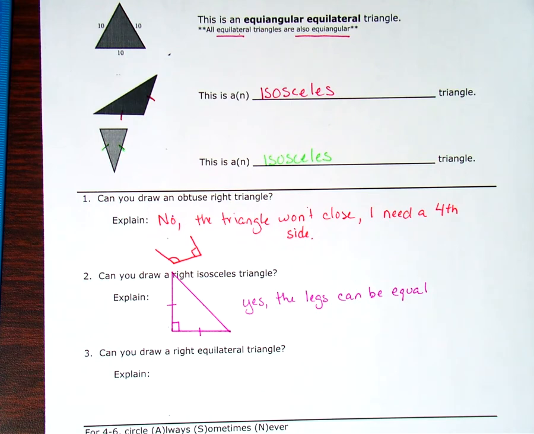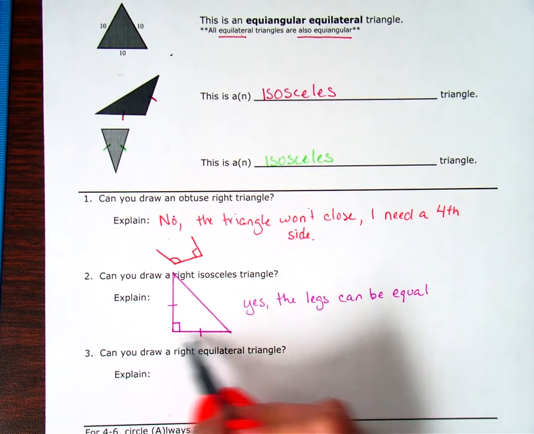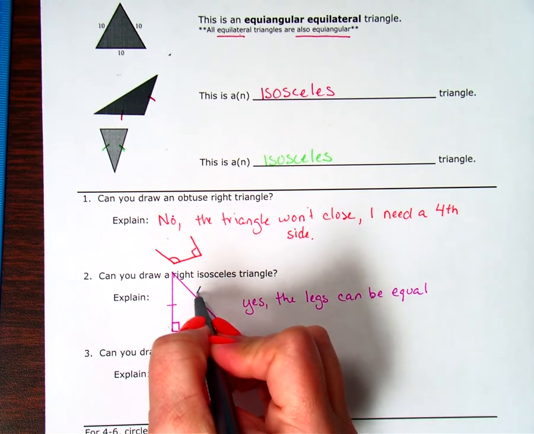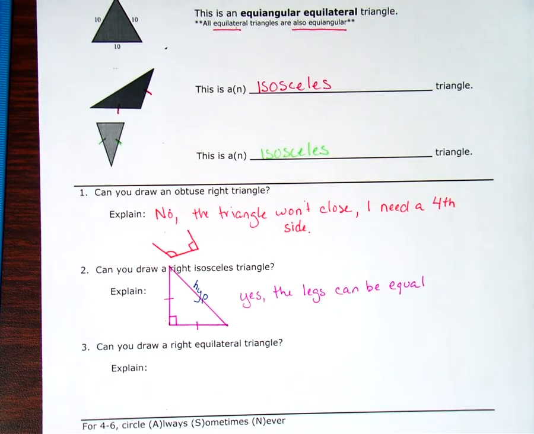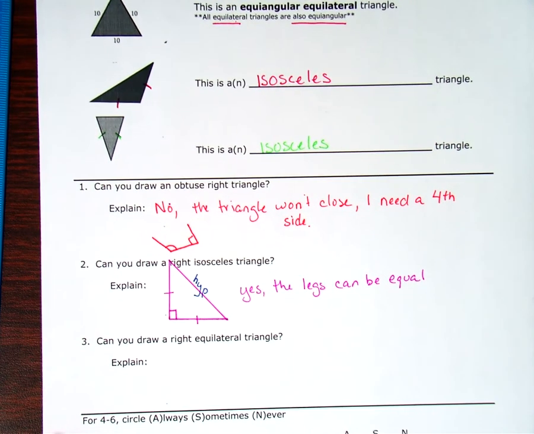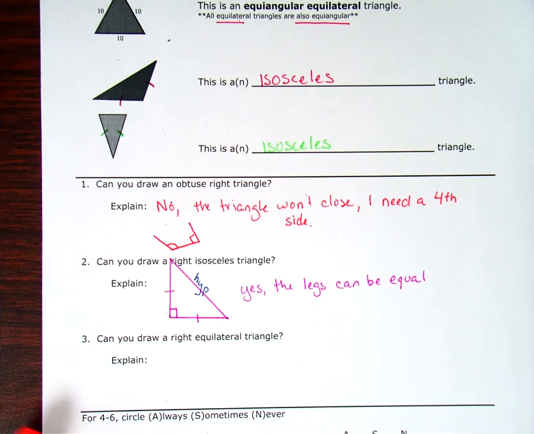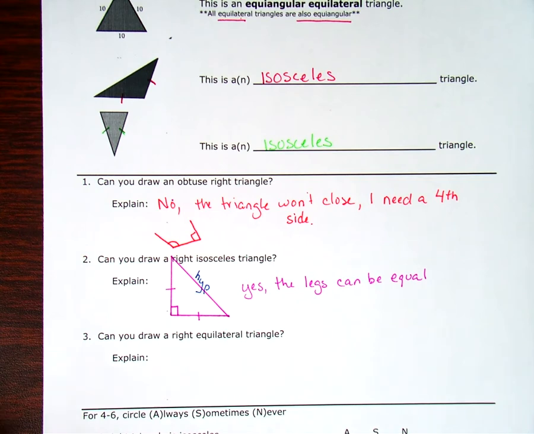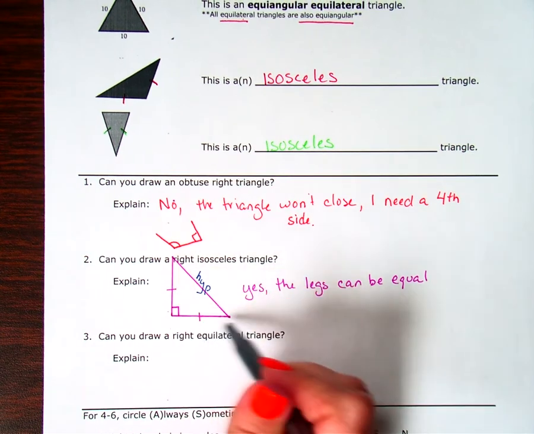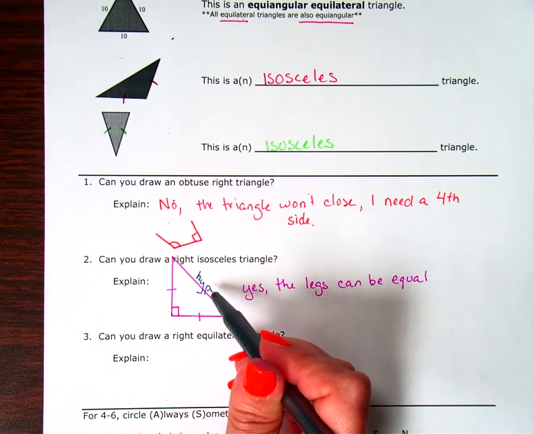So a right equilateral triangle. Think about what you learned about right triangles. And specifically, if these are my legs, right? I know that this would be my hypotenuse. And you learned, hopefully you remember, that the hypotenuse is always longer than the other two legs. So can you draw all three of these sides if you have a right angle, which means you have a hypotenuse?